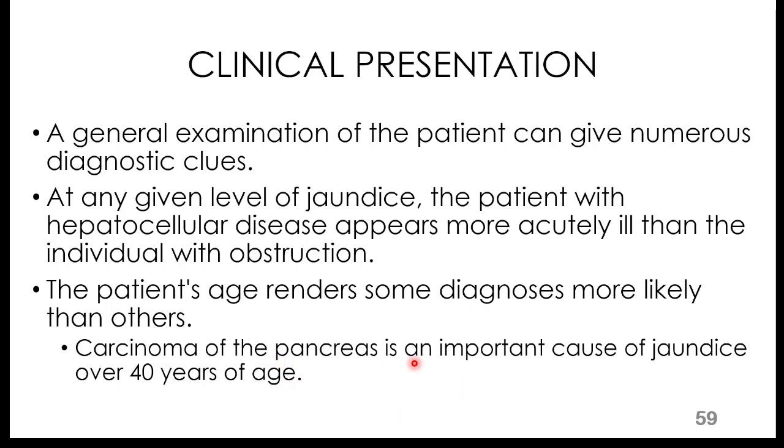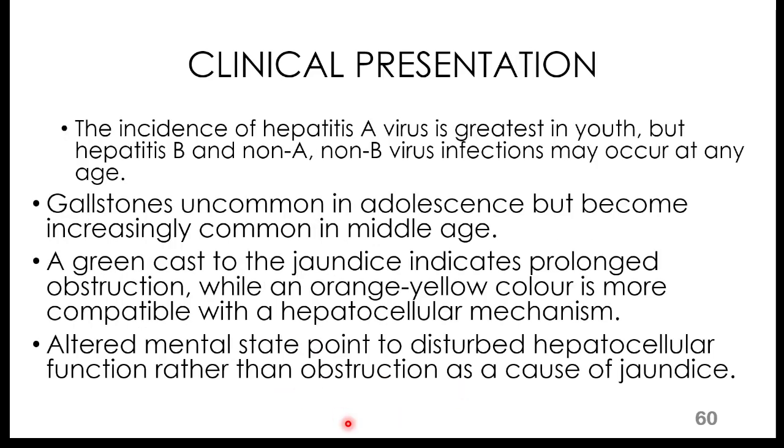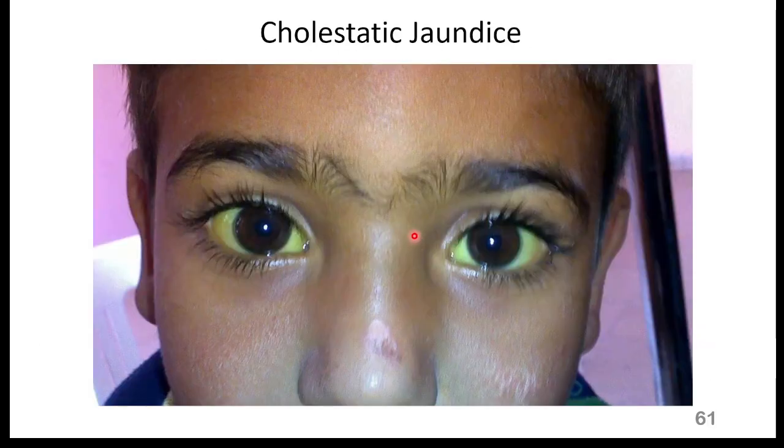Now, carcinoma of the pancreas is an important cause of jaundice in patients over 40 years of age. Gallstones are important in women, especially in middle age. A greenish cast to the jaundice indicates prolonged obstruction, which we'll see in the next slide. You can see for this lady, the eyes are yellowish, but the yellow has a greenish tinge.